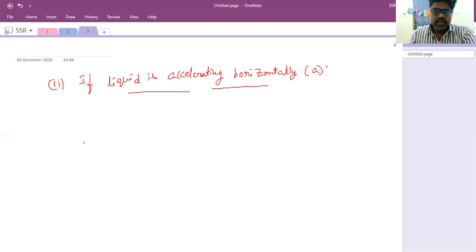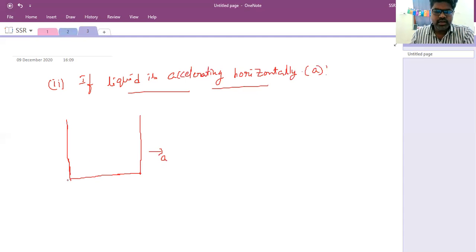So let us draw the diagram again. A container with a liquid, with some acceleration a horizontally.